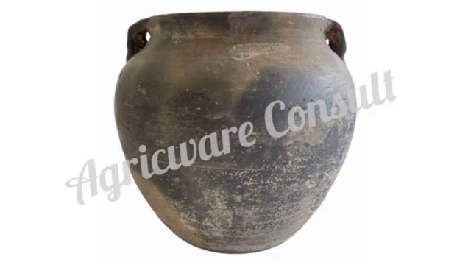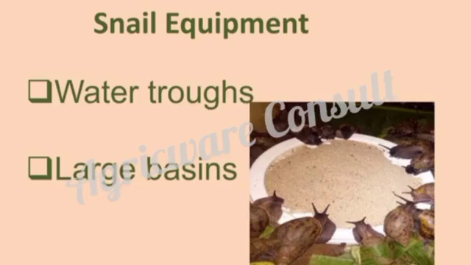Snail housing equipment. These are equipment that are required in the snail house. Two important pieces of equipment needed in a snail house are the feeding trough and the water trough. The feeding trough is a large flat basin where the feed presented to the snails is kept.